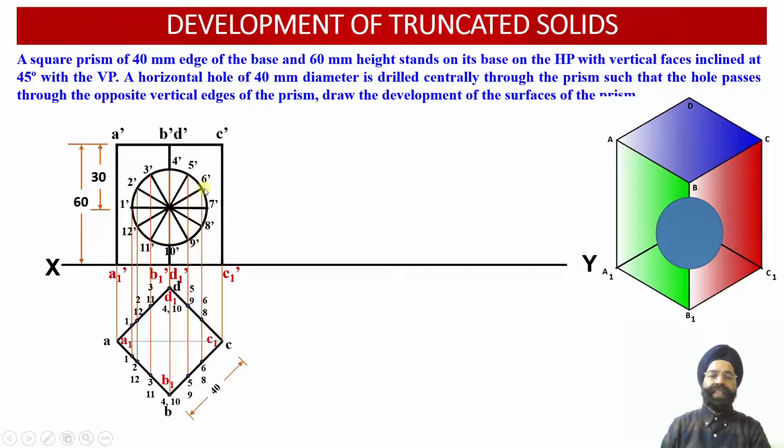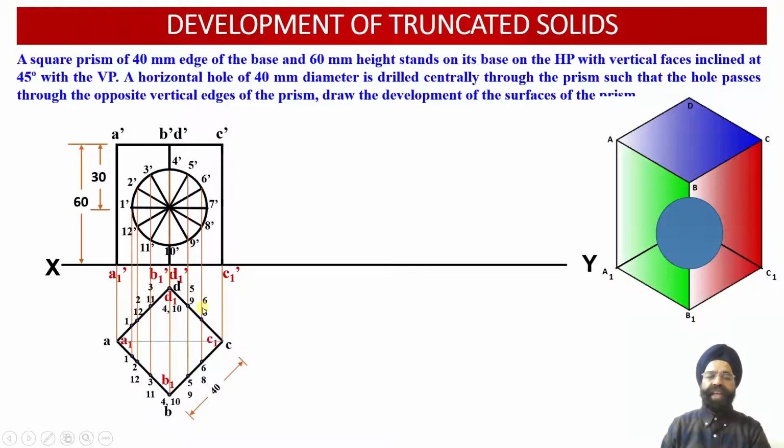The next 2 points of intersection are 6 dash and 8 dash. Once we look at these 2 points from the top, we observe that they have also coincided with each other in the top view projections.